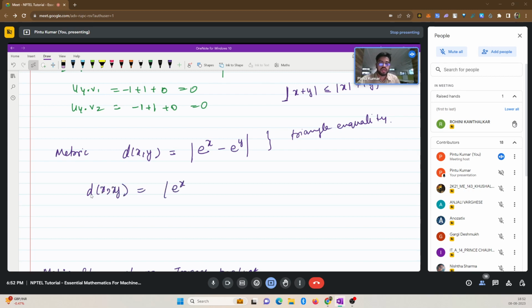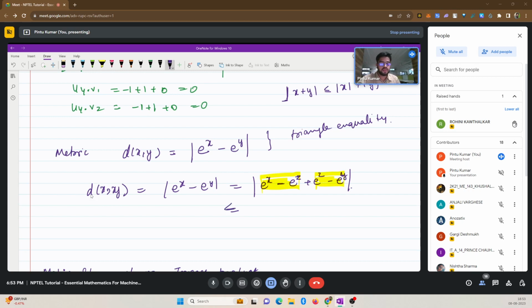This is e to the power x minus e to the power y. If you rewrite this by subtracting e to the power z and again adding e to the power z, you can break it into two parts, like x plus y, where this portion is x and the next half is y.